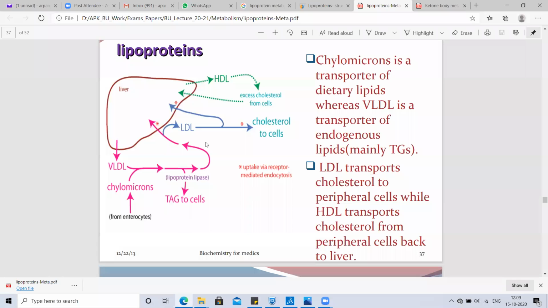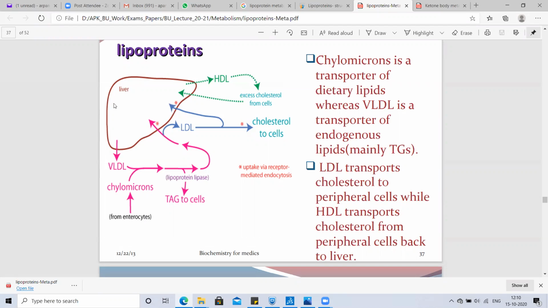See, what does HDL do? It transports excess cholesterol and fats from the liver to cells. You can see these green arrows. Or it can transport this excess cholesterol back from cells to the liver. And what do VLDL and LDL do?